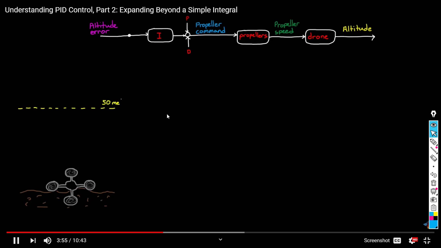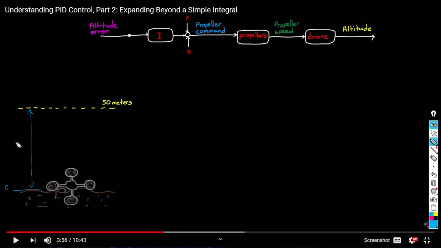So now we will focus on the integral path. After we turn on the drone and tell it to fly up, that's what we want: we want the drone to fly up to 50 meters. At this moment, assuming this is the reference altitude, the error is how much between your desired altitude and the actual altitude of your drone.